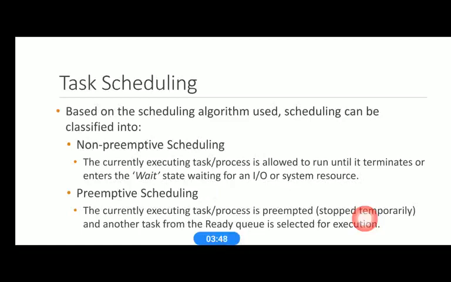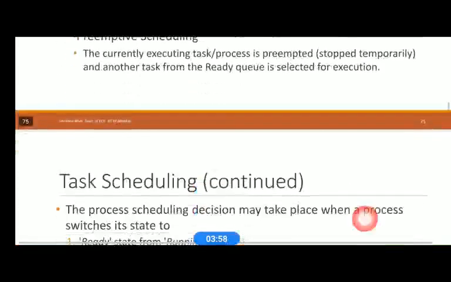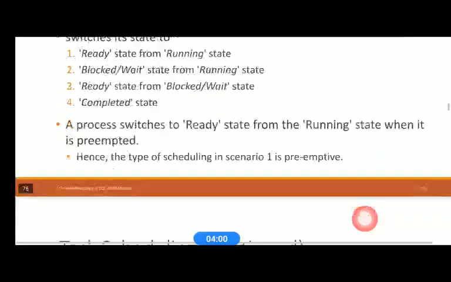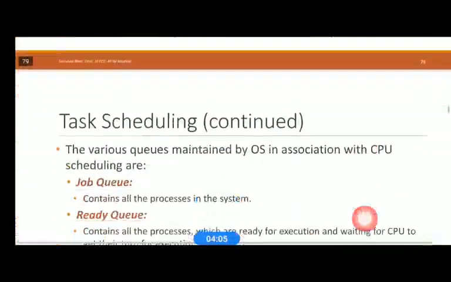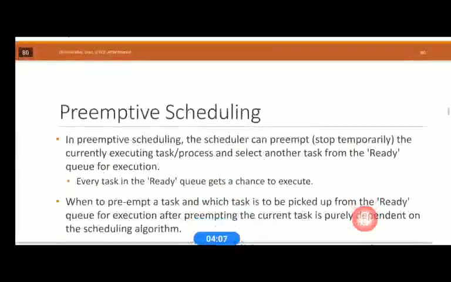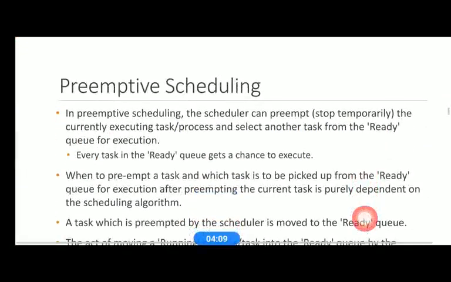Which task in the ready queue is to be executed is left to the scheduler to decide, based on the policies used in the scheduler, right? Our important focus is on preemptive scheduling only, because you have only this in your syllabus.